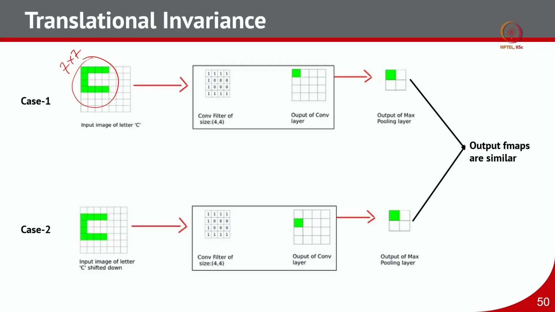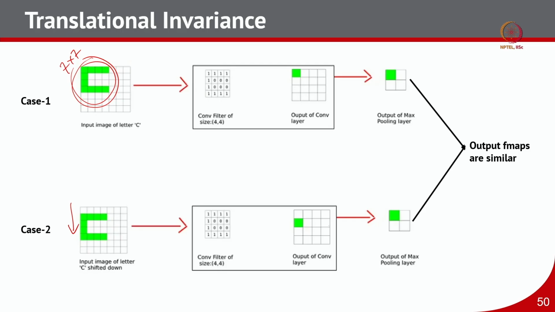It will recognize it as the letter C. But then let's say the pixels of this letter C are shifted downwards by just one row. The letter is still the same, but the position of the pixels got changed. So it got translated.